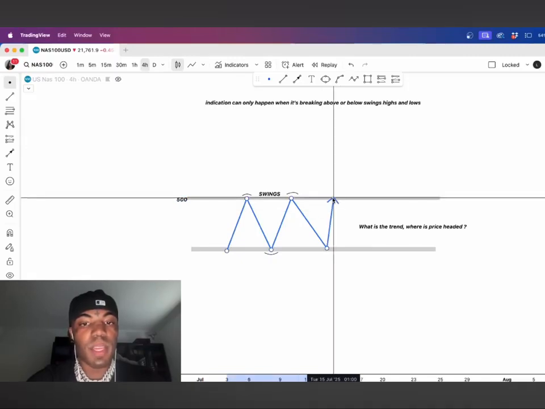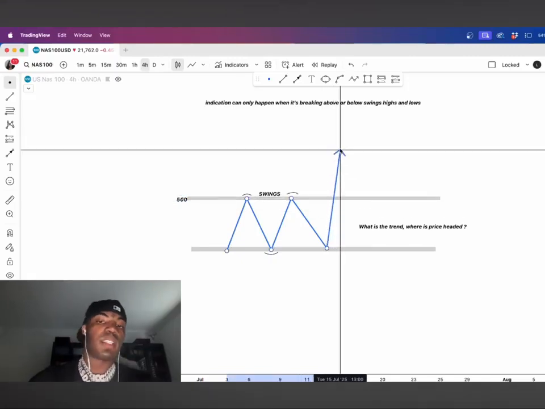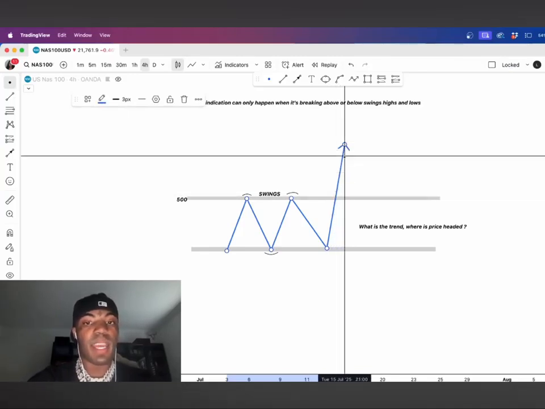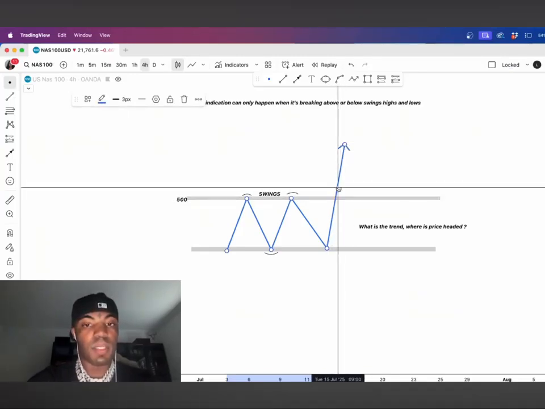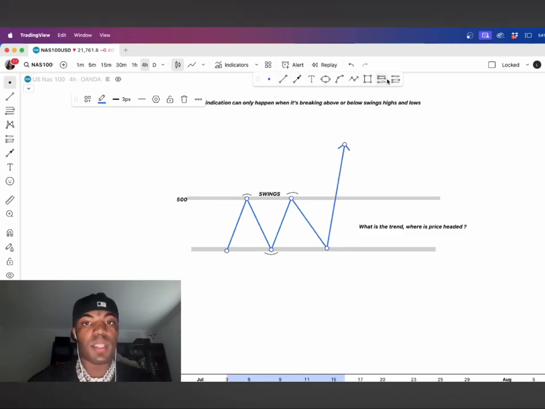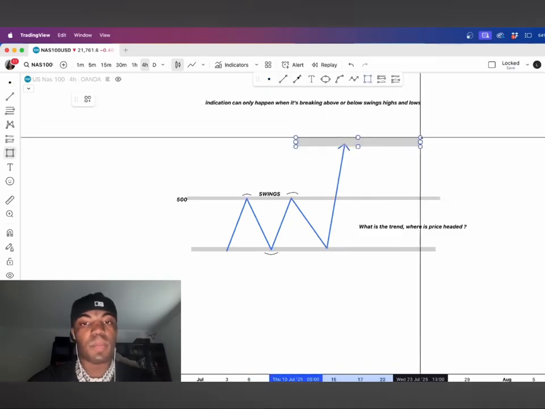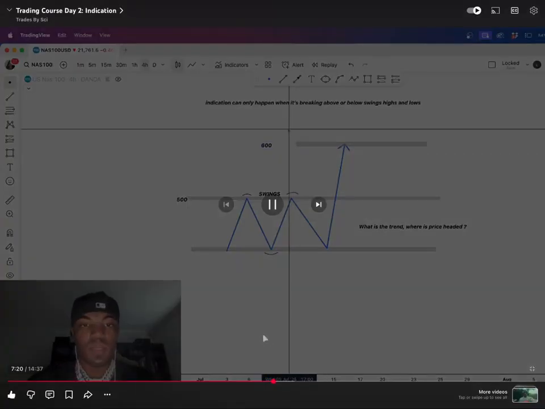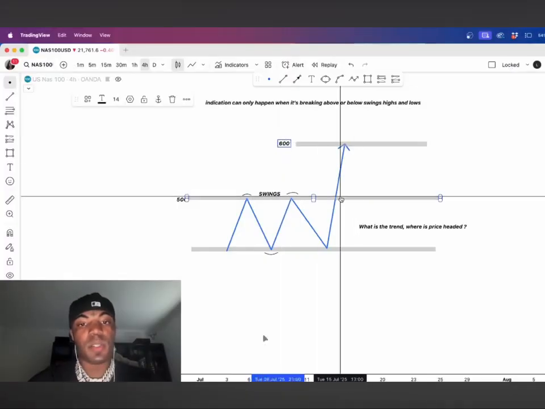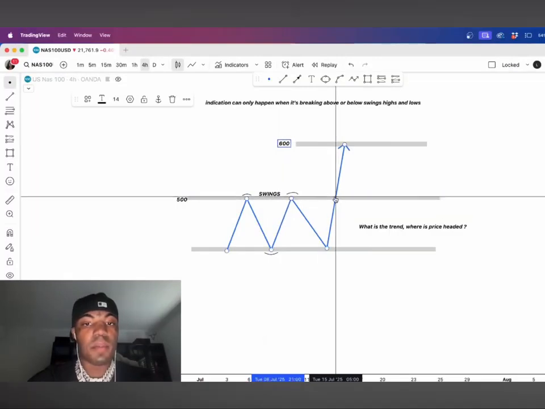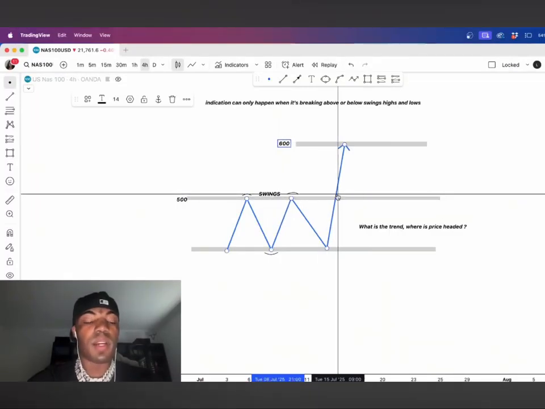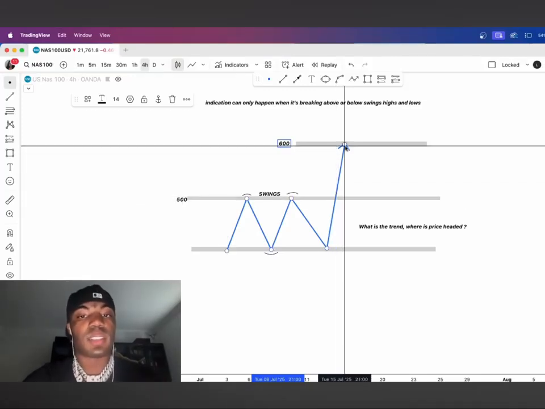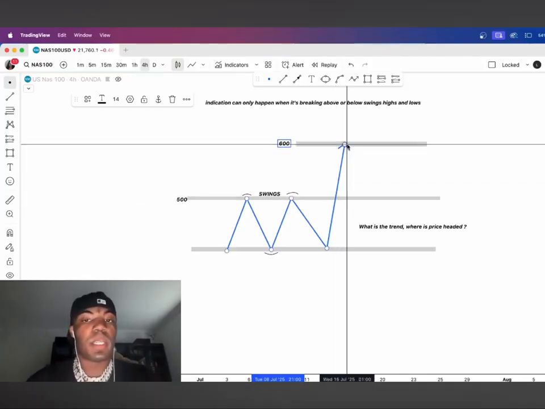Price breaks above that 500 level, so anything above 500 will have the same momentum as it had before, the same momentum that's driving it up to, let's say, 600. That indication shows this is where the momentum started, anywhere above 500. Anything above 500 has the potential to go to 600. That's basically what an indication is showing you.